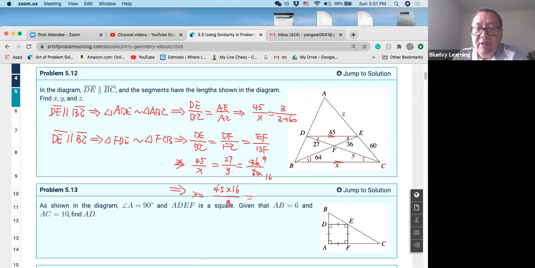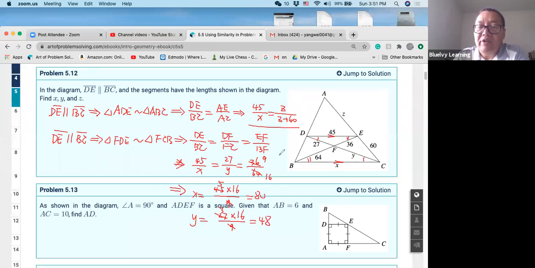So this one is 5 times 16, get 80. X equals 80. Then now let's solve the second part. You can get Y equals 27 times 16 divided by 9. Then cancel out this common factor. You got this one equals 48. So X equals 80, Y equals 48.